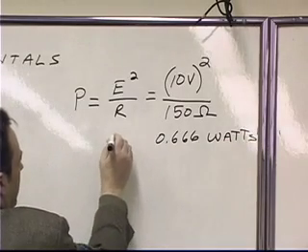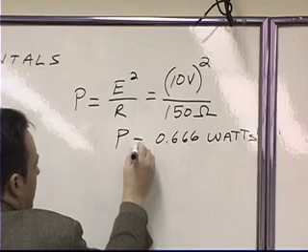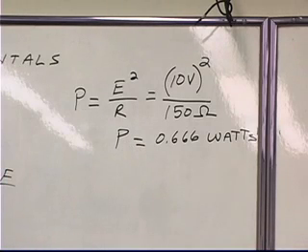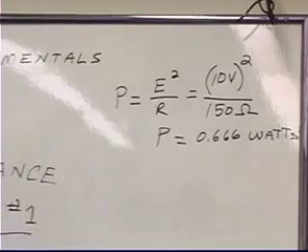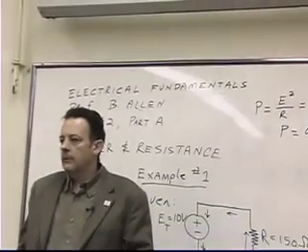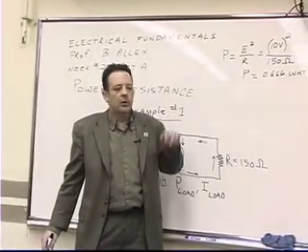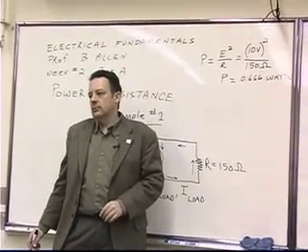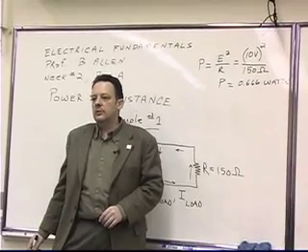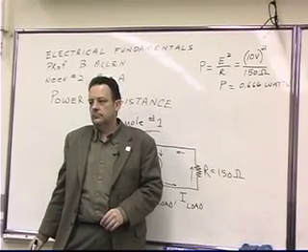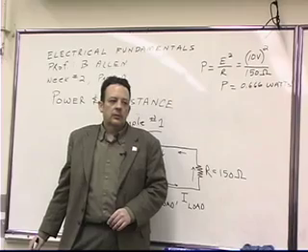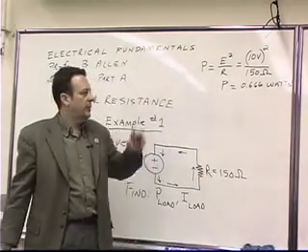Okay? So the power that's dissipated by that load is equal to approximately 7/10 of a watt. A little less than a watt. Now what if I wanted to express that in milliwatts? What would I have to do to the decimal? You'd have to move it 3 spaces.